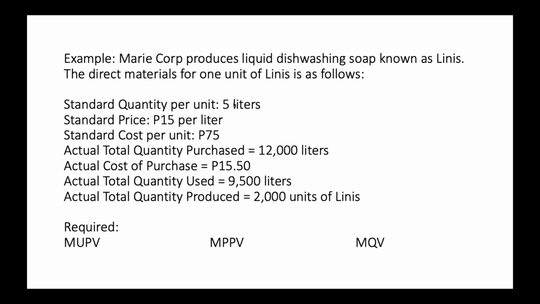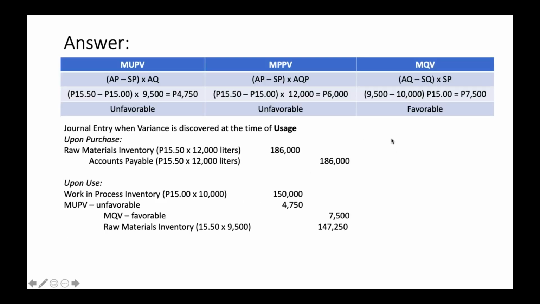Now, we were able to produce a total quantity of 2,000 units of linis. So, the standard quantity of raw materials that should have been consumed is 5 liters times 2,000 units. We should have consumed 10,000 liters of the raw materials. And yet, we only used 9,500 liters. Okay, so let me go back to the next slide.